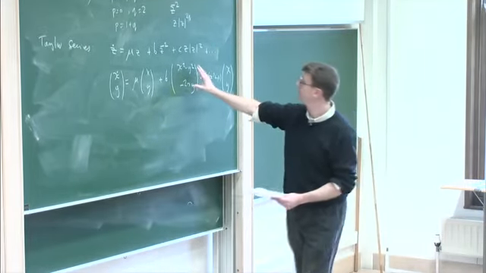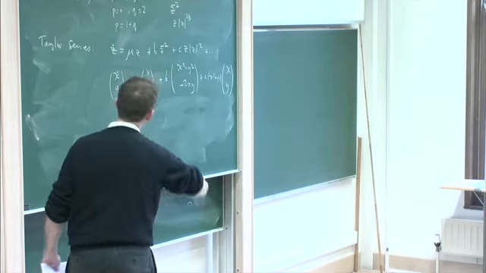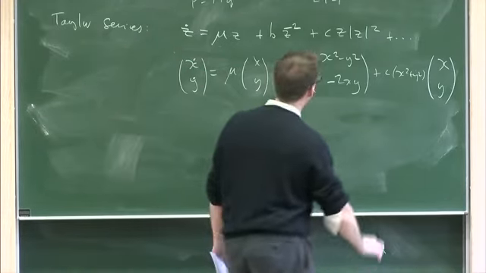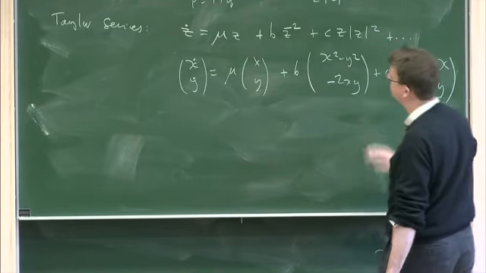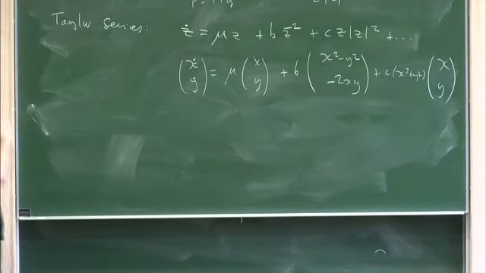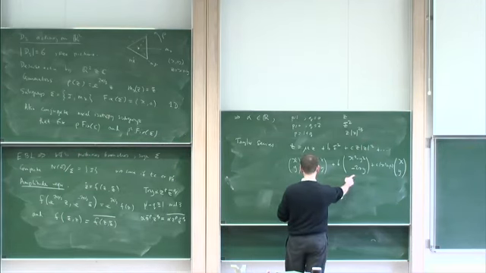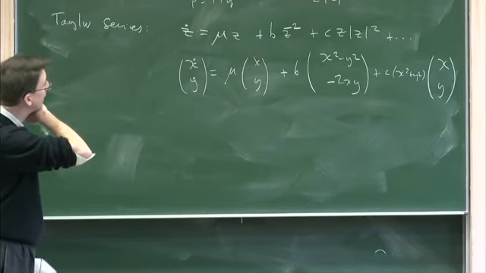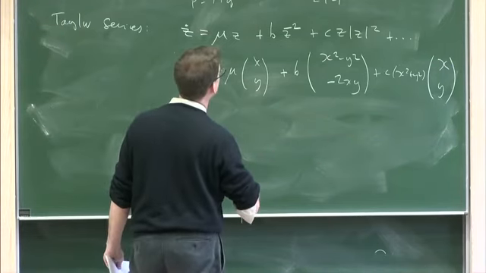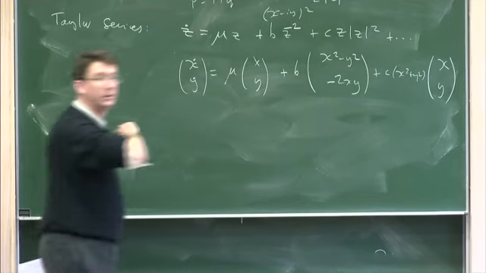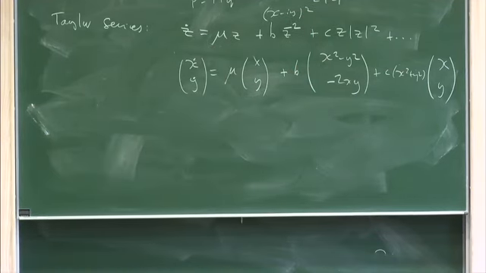But then we can do useful things with the real version of this, because if b is non-zero, then if I want to look at stability, so clearly... Okay.